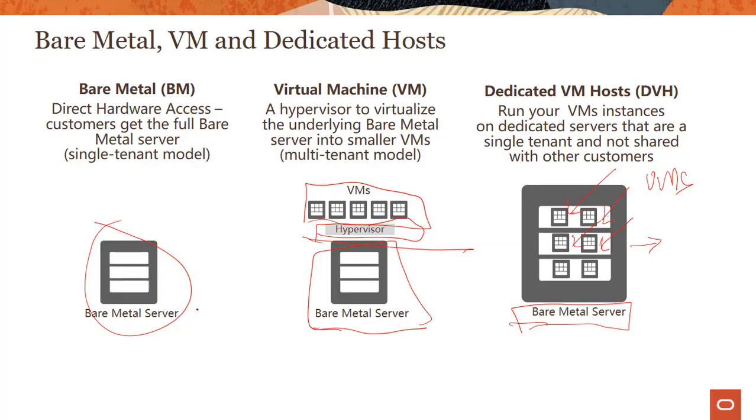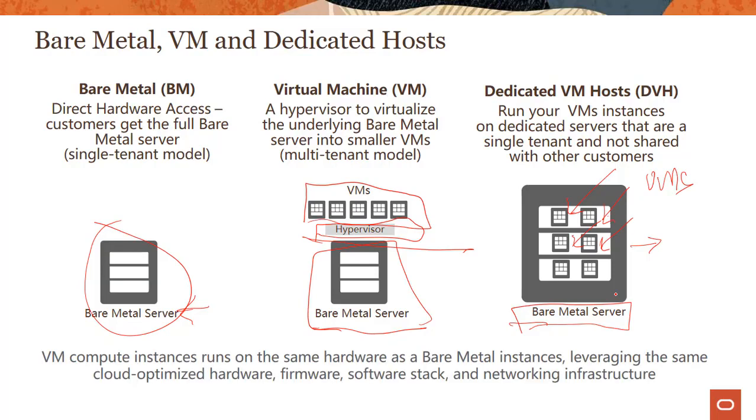In the case of the bare metal machine, you have to manage your own hypervisor, you have to install your hypervisor. So definitely you get more flexibility, but then you have to do extra work. Right here with dedicated VM host, we do the extra work for you. You get the single tenant model, and then you can run the specific VM shapes on top of it.